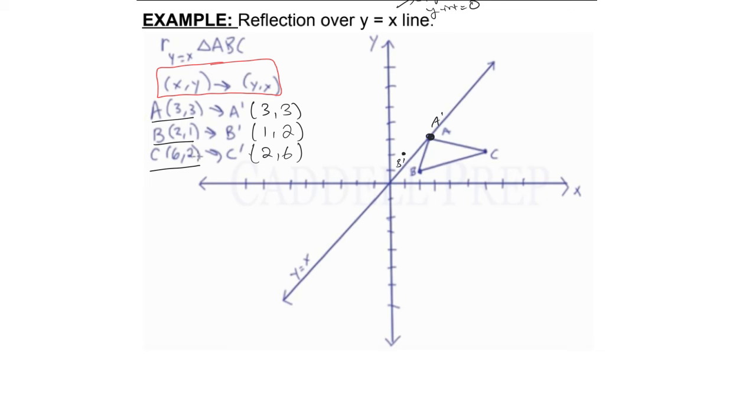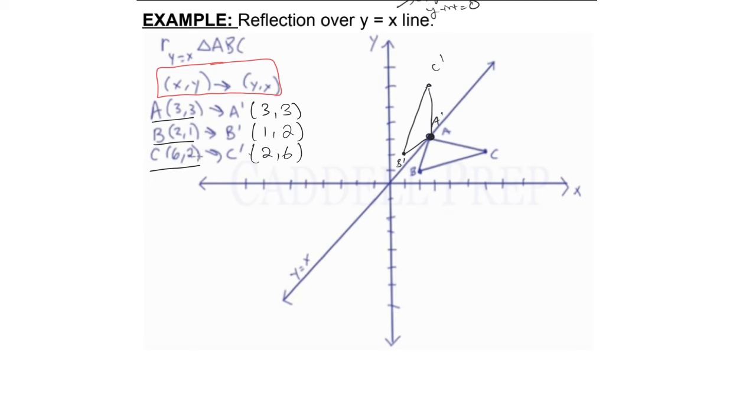So 2, 3, 4, 5, 6. C prime. Okay, and there is our new triangle.